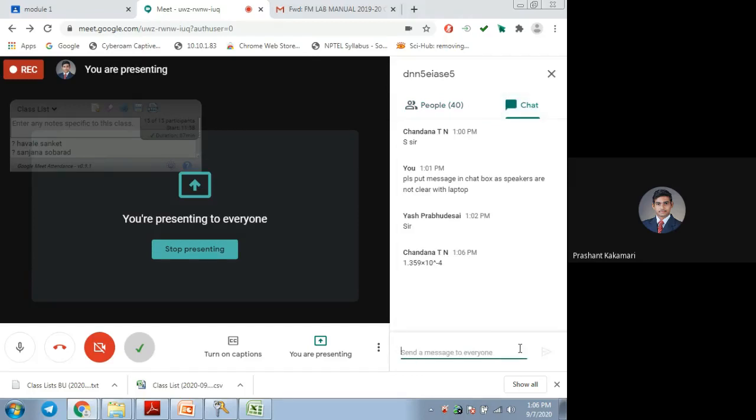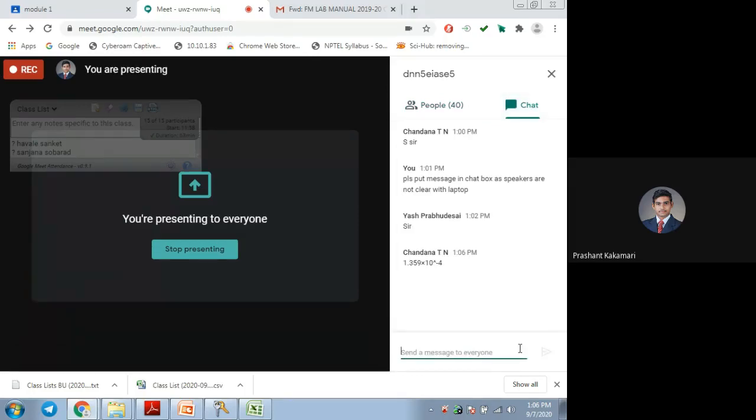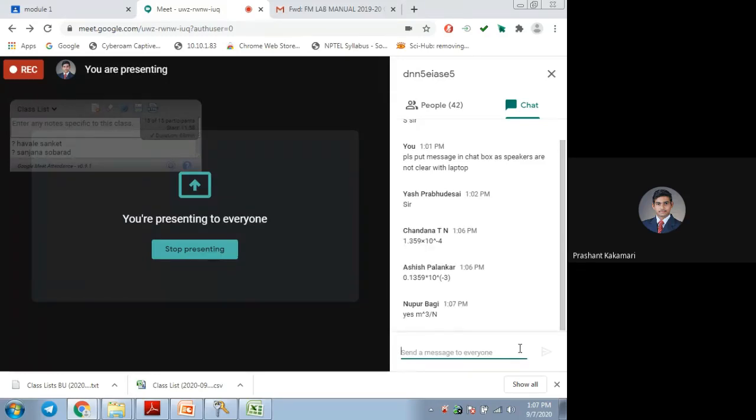Yeah, Chandan is getting 1.359 into 10 raised to minus 4. This value is in meter cube per Newton, I think. Yes, Ashish is also telling the same answer, 1.359 into 10 raised to minus 4. So I think this problem is clear. You can write in any form.